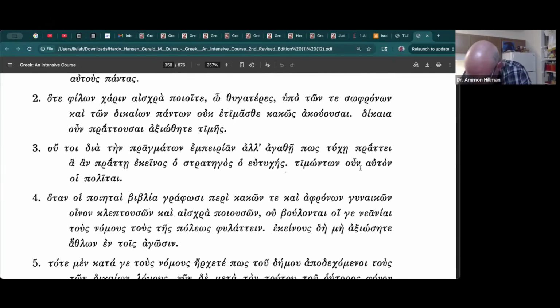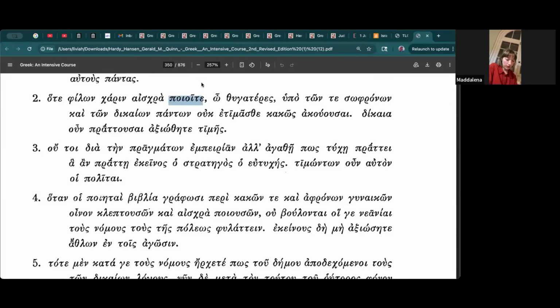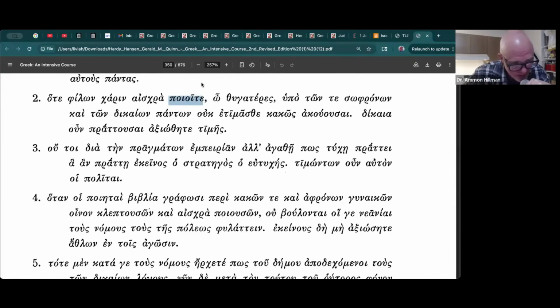Okay, so we have a nice imperfect in the main clause. What is in our temporal clause? We're expecting an aorist optative. Is that what we have in oite? Yes, that's what we have.